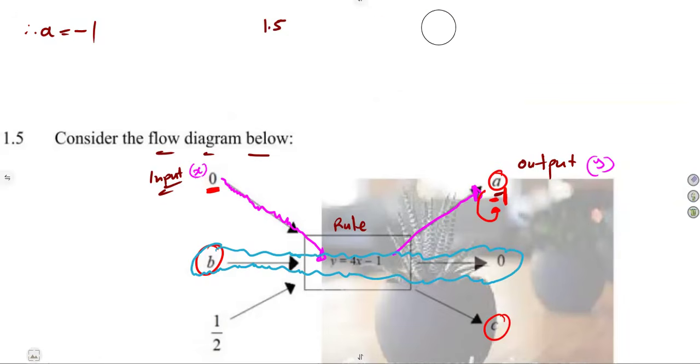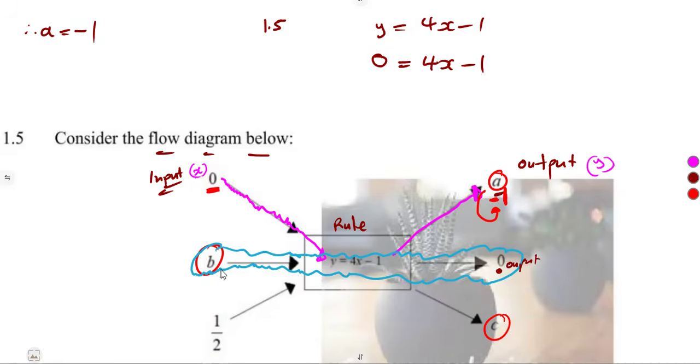So we must find the x value that we inserted into this rule so that our output is 0, because we are given that. Remember, output represents the y value. So we are given the y value, which is 0.